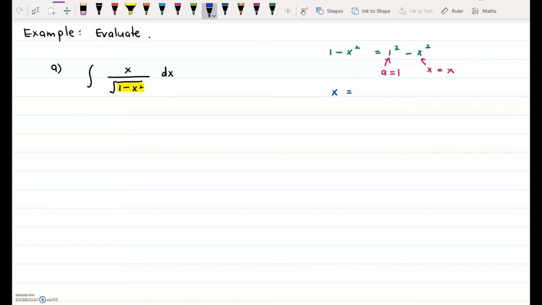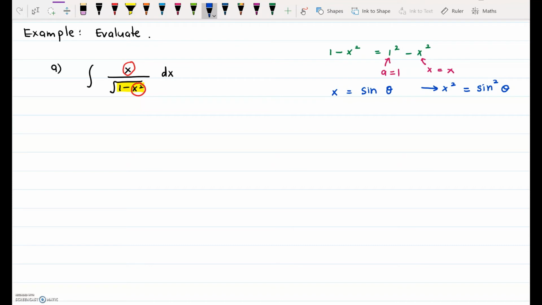Since your a is 1, you don't have to write the 1, so we just write sine theta. Next, let's see what terms we have in the question. We have x, and then we also have x squared. So we can find the x squared, which will be sine squared theta.